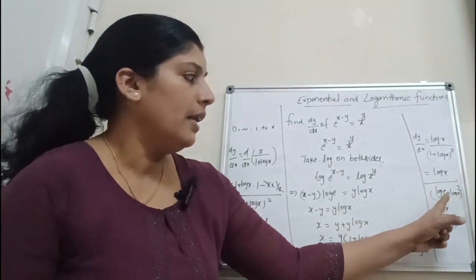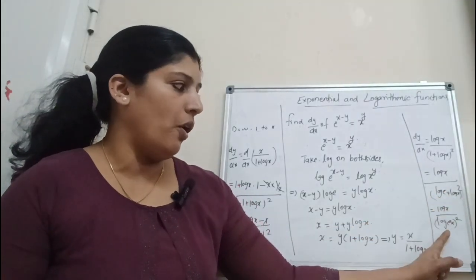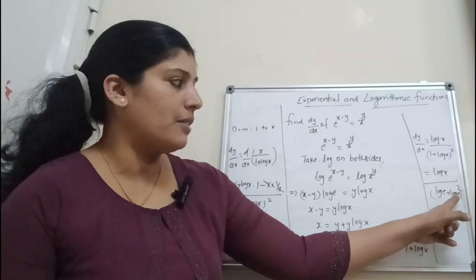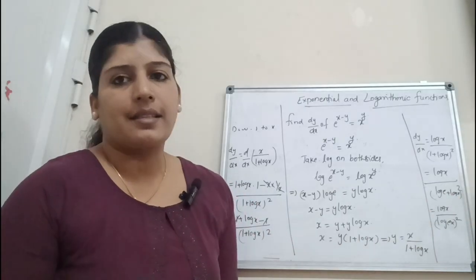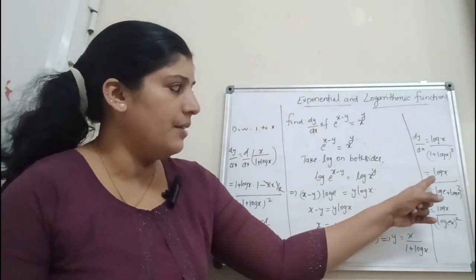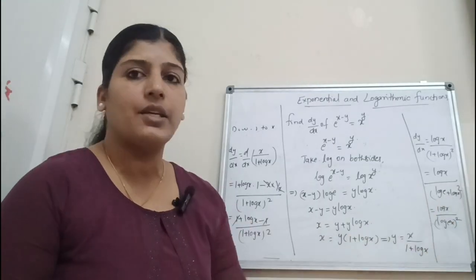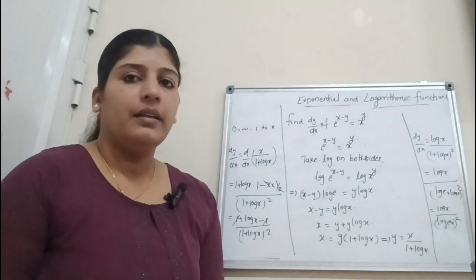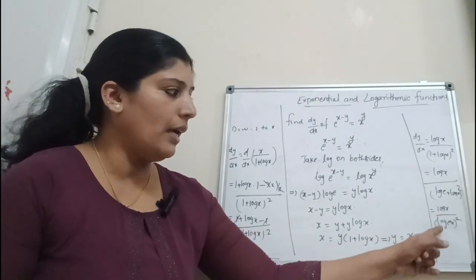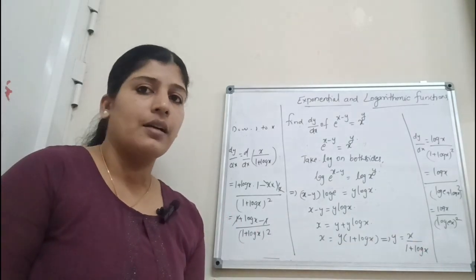Here log x plus log y is equal to log xy. Therefore, log e plus log x can be written as log ex. First, we have to change 1 as log e. Then after that, we have to apply log x plus log y is equal to log xy. Therefore, dy by dx equal to log x divided by log ex whole square.